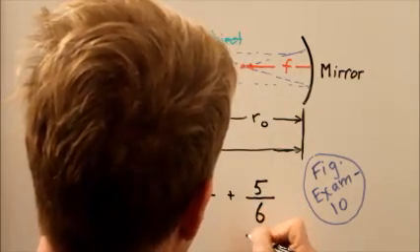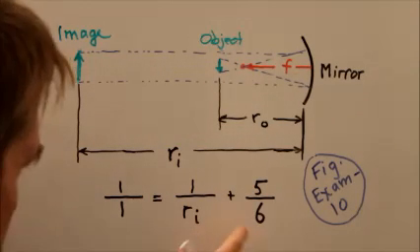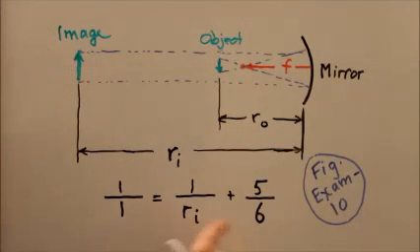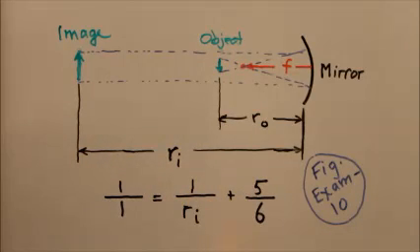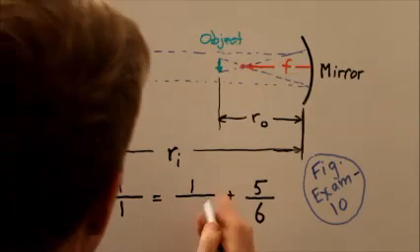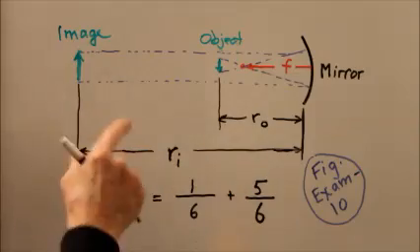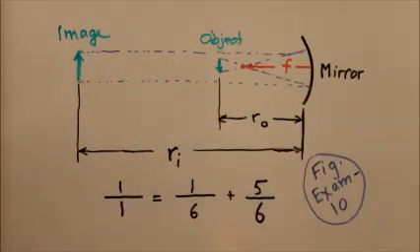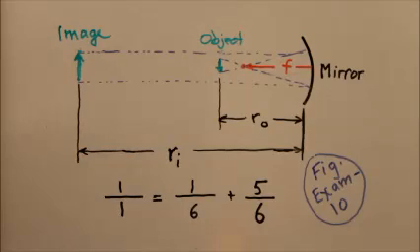That'll just simplify our calculations a little so we don't have to resort to a calculator quite as often. Well, now we have an equation which pretty well gives away this value right here. It's 1 over 6. So r sub i equals 6. So the image is actually 6 focal lengths away from the mirror, and the object is only 1.2.